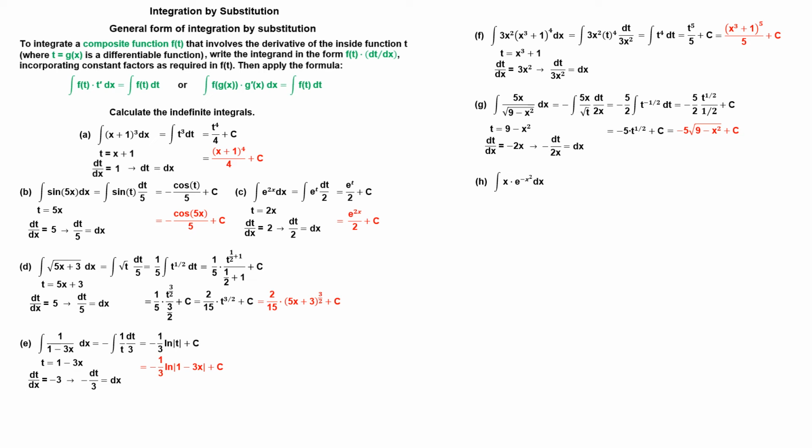We make the substitution t equals minus x squared because its derivative, apart from the constant factor minus 2, occurs in the integral. Thus, we apply the substitution rule as follows.